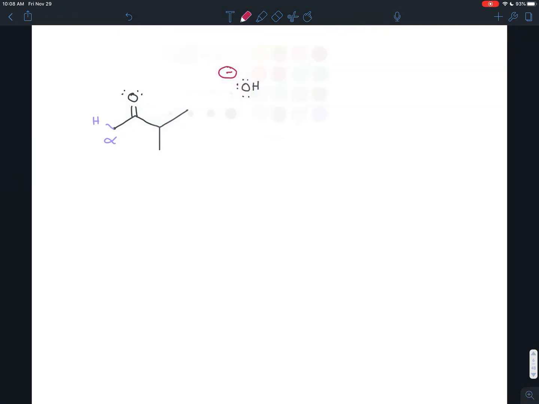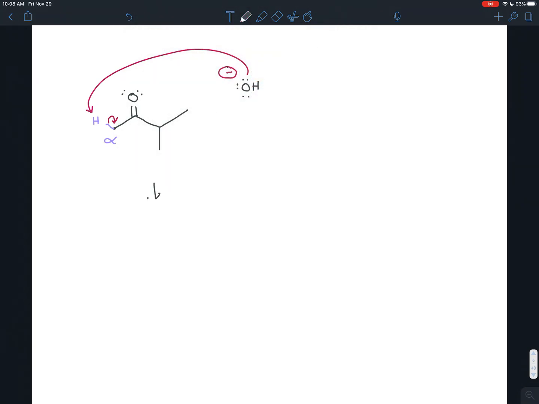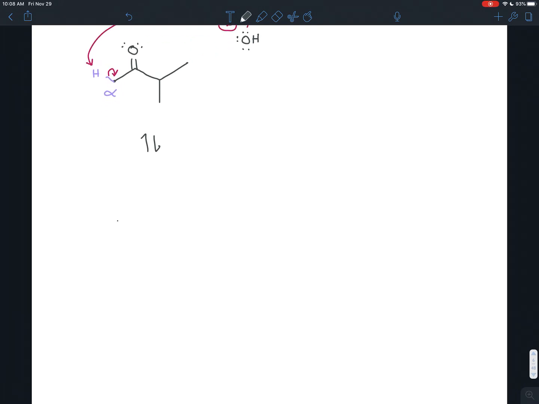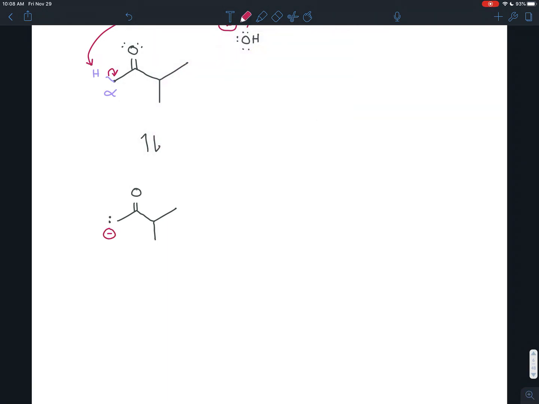You can do the same two steps on the other side. Do a proton transfer, the base steals the alpha hydrogen, the electrons snap back onto the alpha carbon. That's a proton transfer, and it leaves you with a resonance stabilized negative charge on your alpha carbon. That lone pair is allylic to the pi bond, so it exists in resonance.